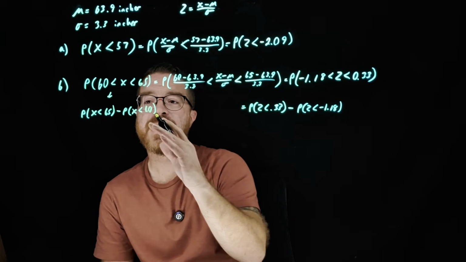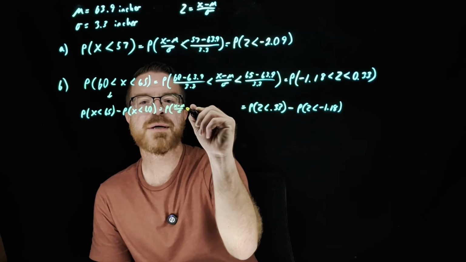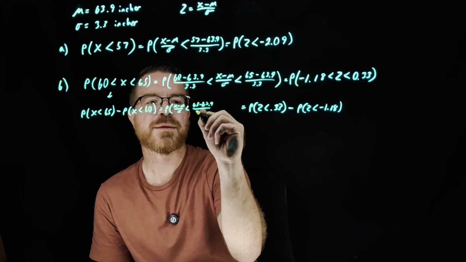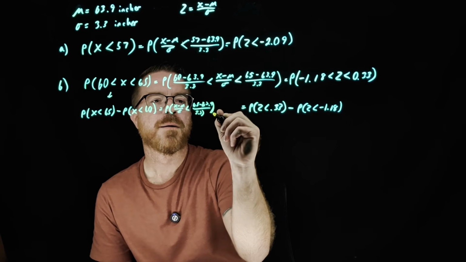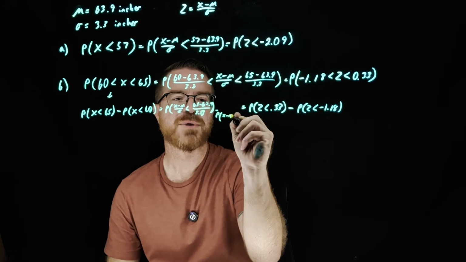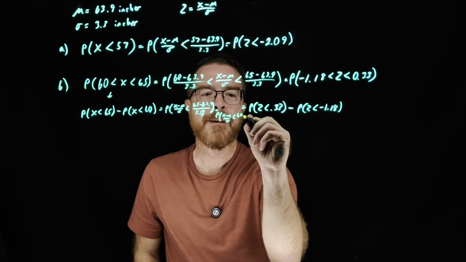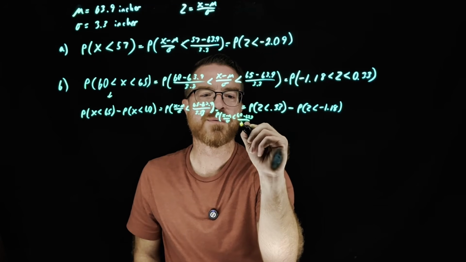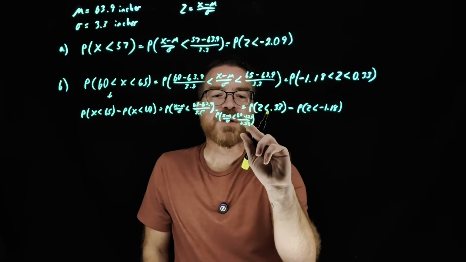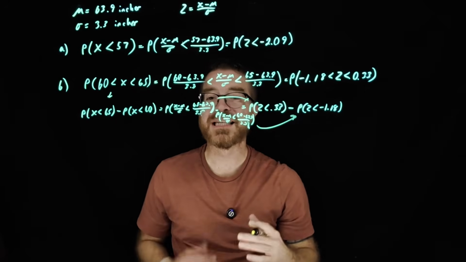And then whenever I am finding this, this is going to become the probability of X minus mu over sigma is less than 65 minus 63.9 divided by 3.3, minus the probability of X minus mu over sigma is less than 60 minus 63.9 over 3.3. I don't know why I put an extra 3 there. And if we look at this, this is just going to be this term, and this is just going to be this term, and we actually get the exact same thing.